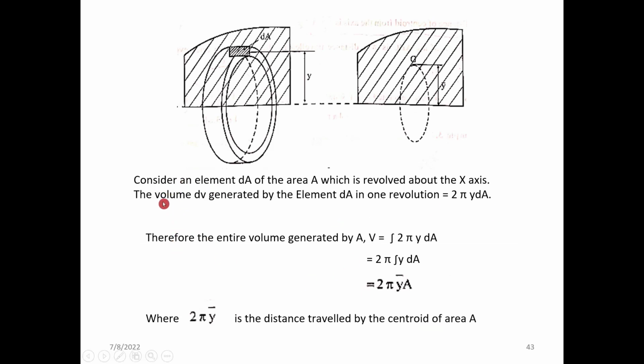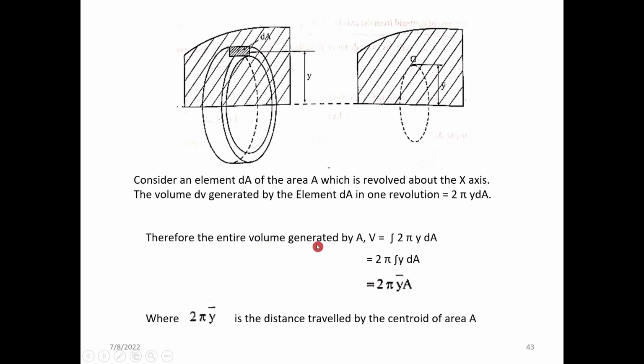Here the derivations. Consider an element dA. We have the ring-like shape here, and we're considering a dA, elemental area of area A, which is revolved about the x-axis. We are revolving it around the x-axis, and the volume dV generated by the element dA in one revolution is 2 pi into y into dA.